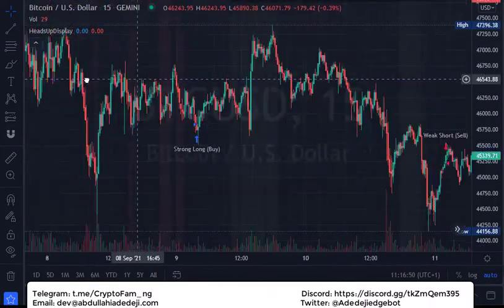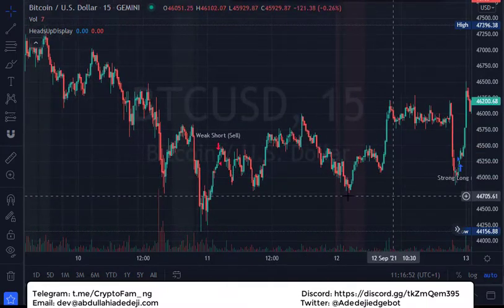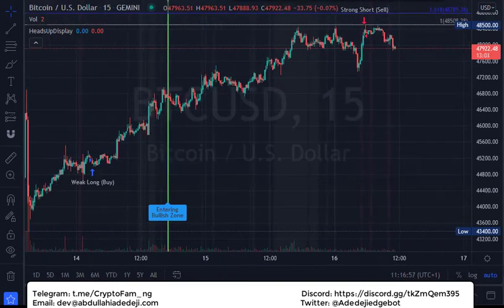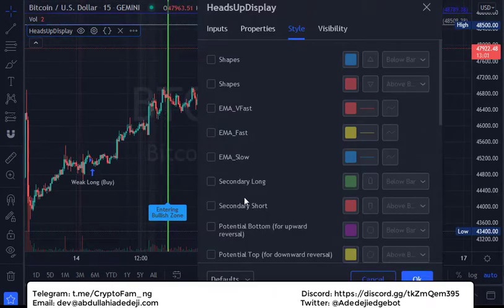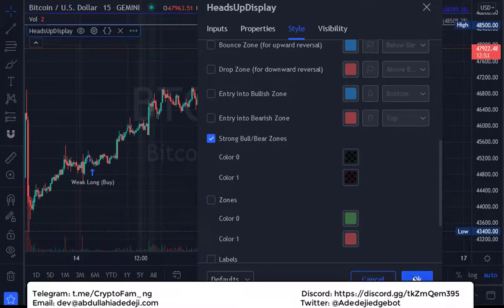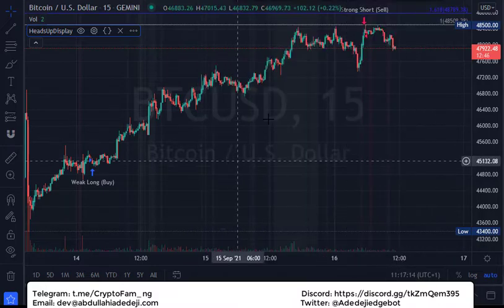It gives you an idea where price is bias wise. Okay, we can turn that off as well. This is the label, and those are the lines. Then the last part is the background color.